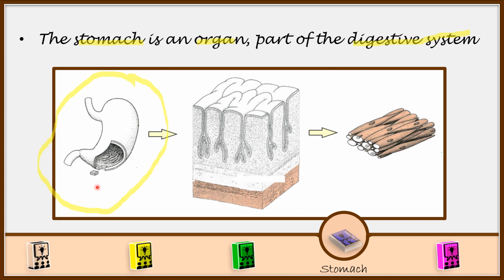But if you cut a smaller piece from the organ of the stomach and you magnify it, this is what you are going to see when you magnify that small part of the stomach.